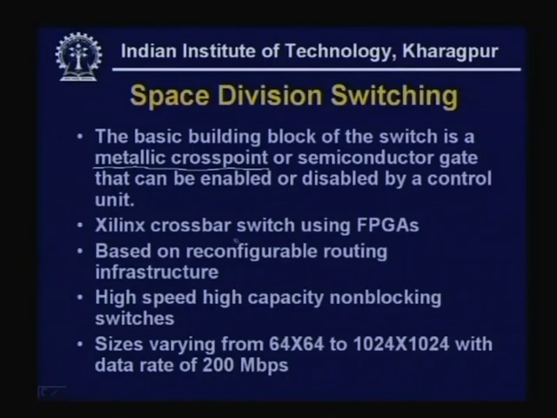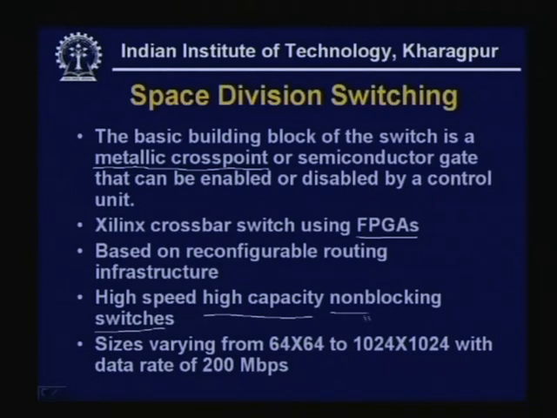But with the advancement of VLSI technology, nowadays crossbar switches can be implemented with the help of semiconductor devices. For example, the Xilinx crossbar switch using field programmable gate arrays is available, and it is based on configurable routing infrastructure. In these field programmable gate array based switches, you can have high capacity non-blocking switches.